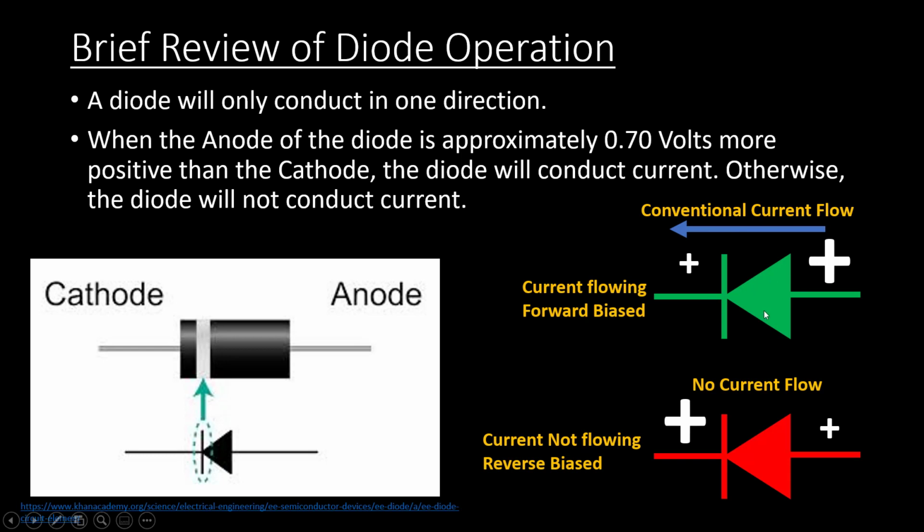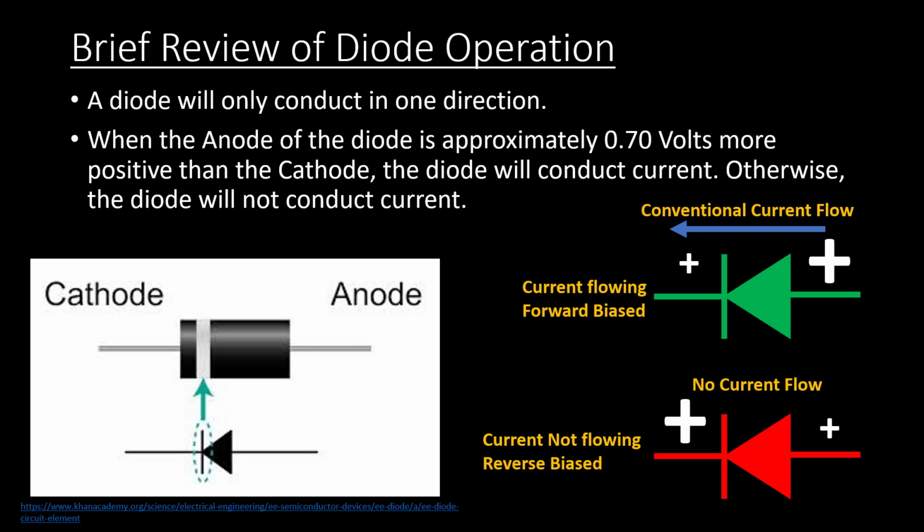The arrow on solid state devices points in the direction of conventional current flow. If the cathode becomes more positive than the anode, the diode is now reverse biased, and no current will flow. So that sounds like a device that'll work.